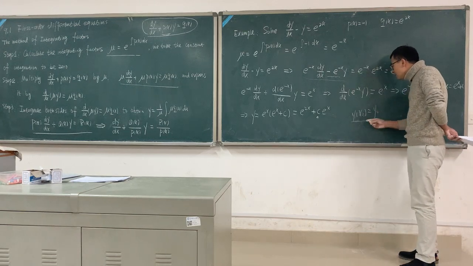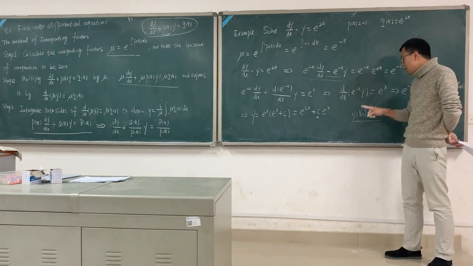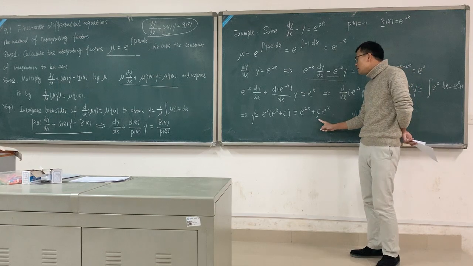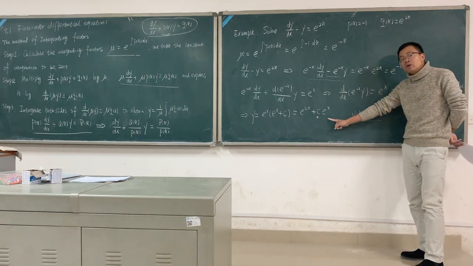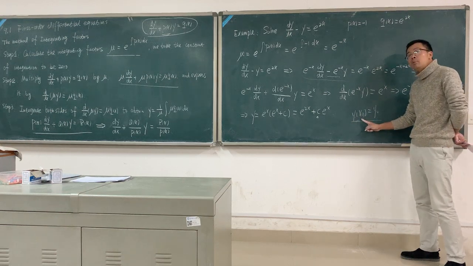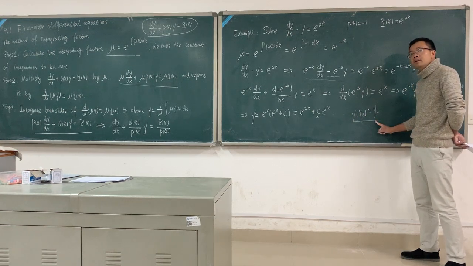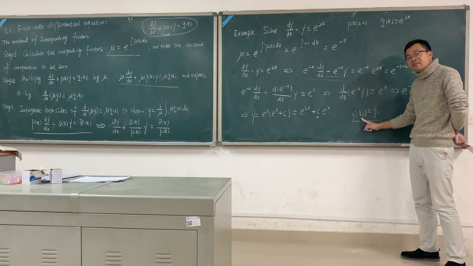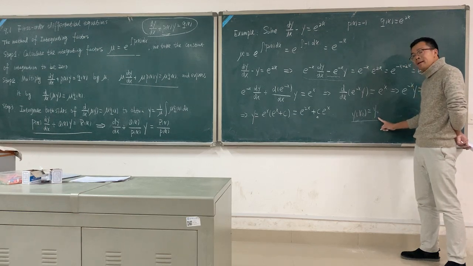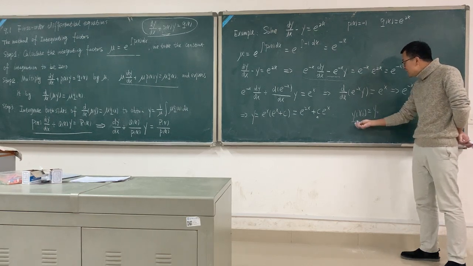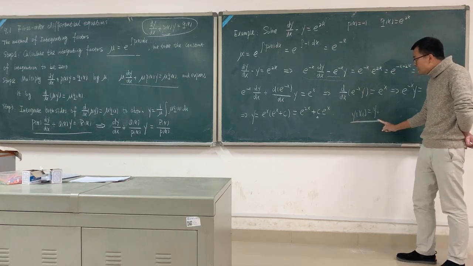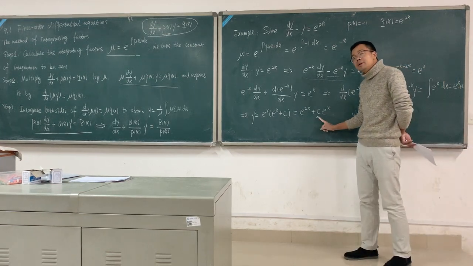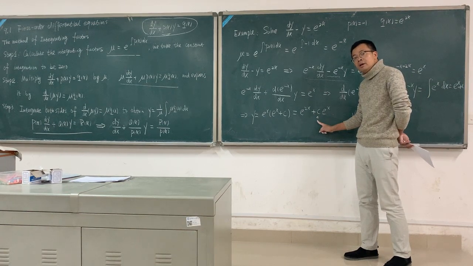This means the curve passes through the point (x0, y0), so when x equals x0, y equals y0. If we give this condition, we can determine the constant c.